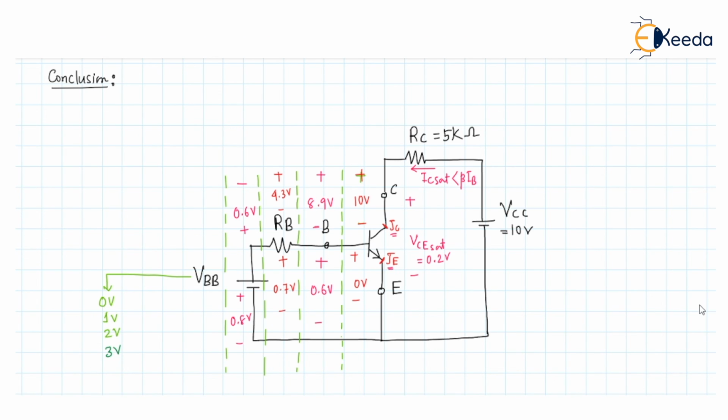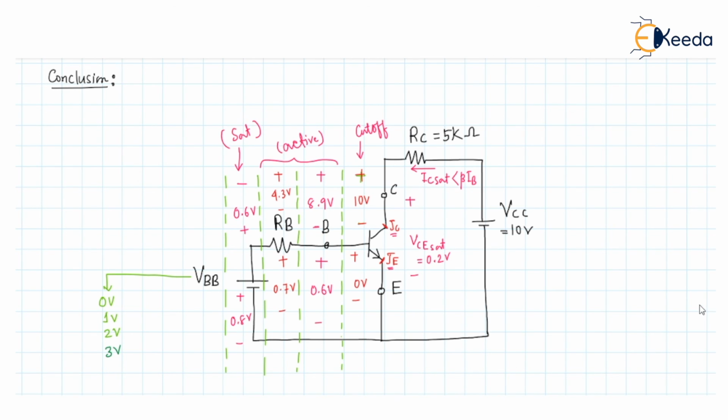So we can say in the first case the transistor was at cutoff. In these two cases, the transistor was in the active region, and in this case, the transistor was in saturation.